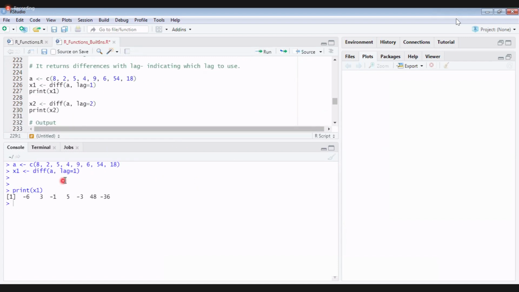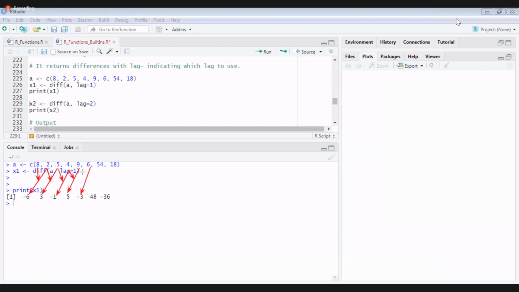So here, what is the difference? It gives us the difference between consecutive elements. So what is 6? 6 is nothing but 8 minus 2, which is... 2 minus 8 is minus 6. What is 3? 5 minus 2 is 3. 4 minus 5 is minus 1. 9 minus 4 is 5.